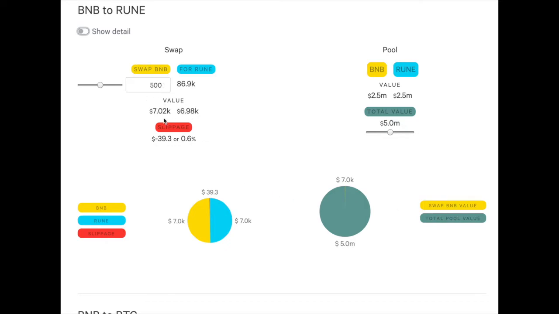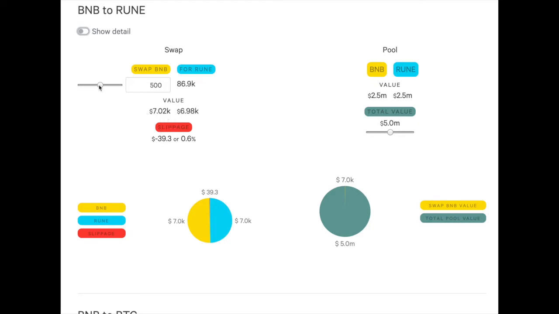These are important to understand because the slippage is determined by the relationship between the total value in the pool and the amount of BNB, or the input amount that you're swapping. If the swap value is high relative to total pool value, then slippage will be high.